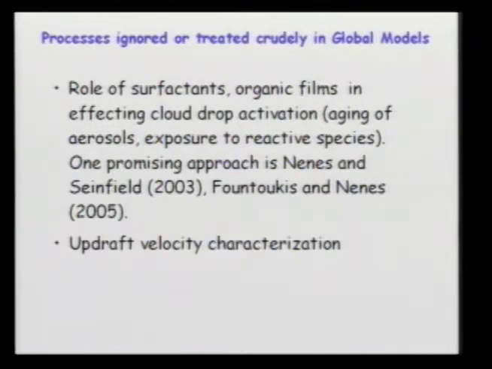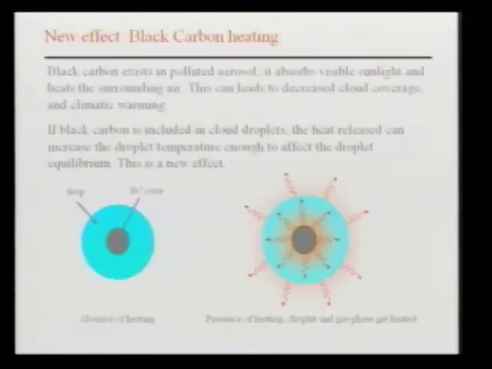There is some work being done by Thanos Nenes and his colleagues very recently in trying to acknowledge these things. Lastly, another phenomenon that's been ignored is the role of carbonaceous or absorbing aerosols sitting inside a cloud drop, which can heat and thus affect the subsequent growth of the cloud drops and their activation.